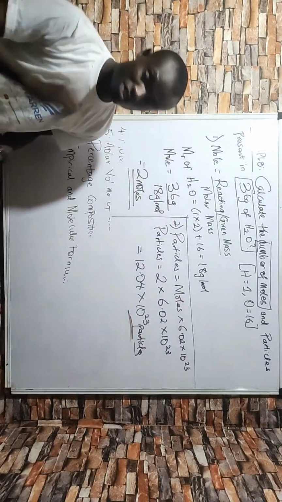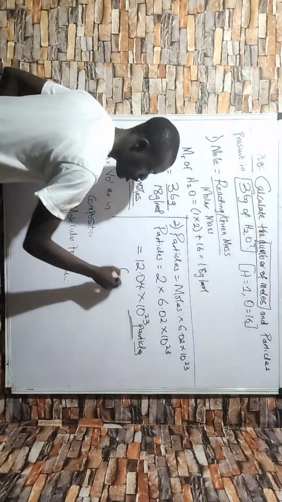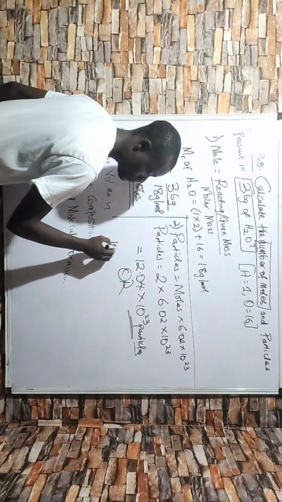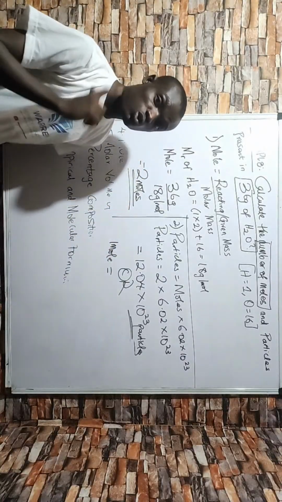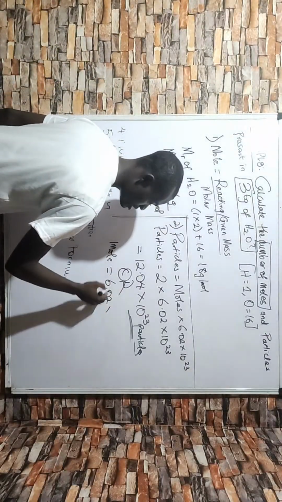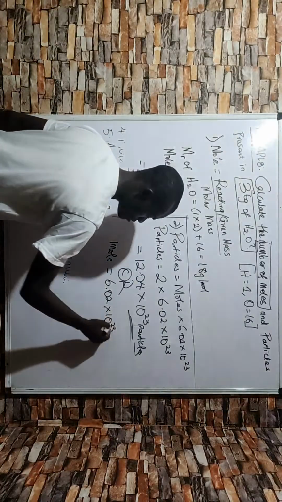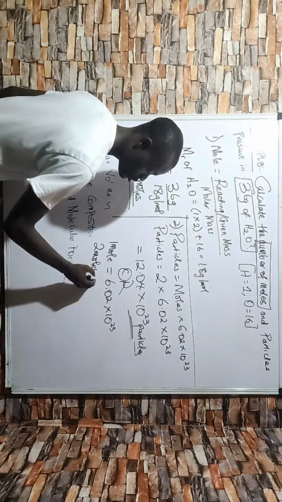So that's one way we can solve it. Another way we can solve it is that 1 mole of every substance will contain Avogadro's number. What's Avogadro's number? 6.02 times 10 to the power 23. But in this case, we have 2 moles. So 2 moles will be equal to what?